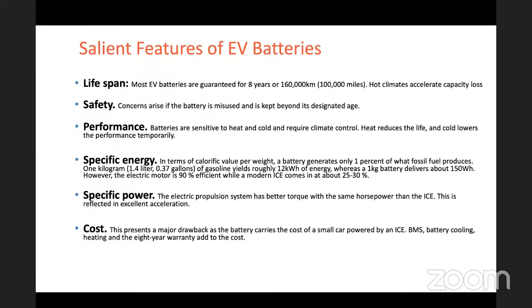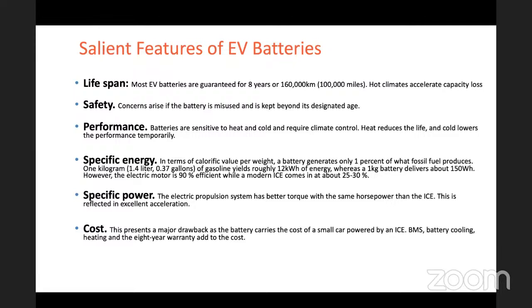Then the specific power. As we all know, the electric propulsion system has better torque with the same horsepower. So for better acceleration, the battery chemistries support better acceleration and high specific power. It can give power in a short period of time.